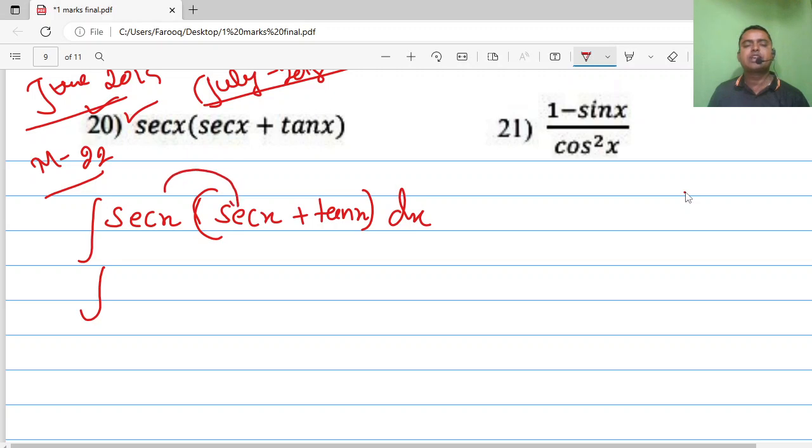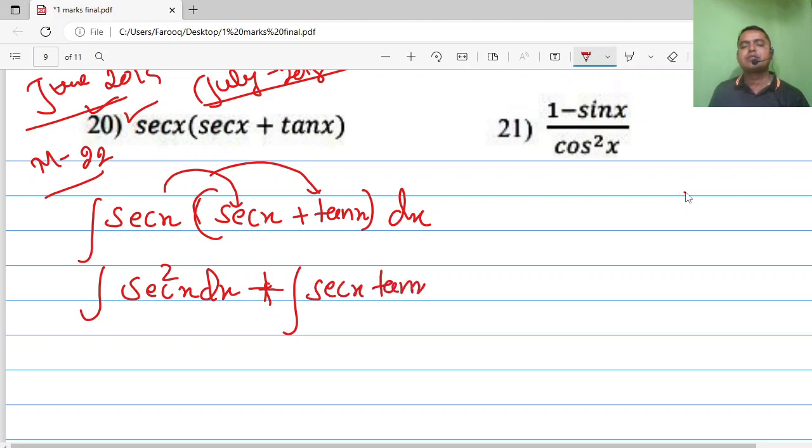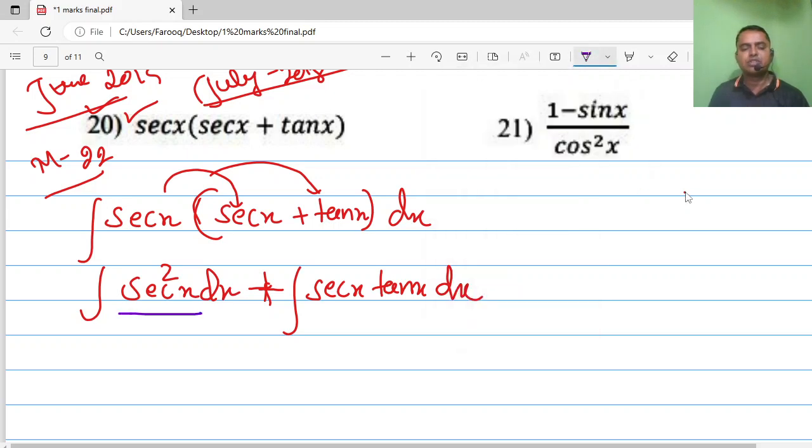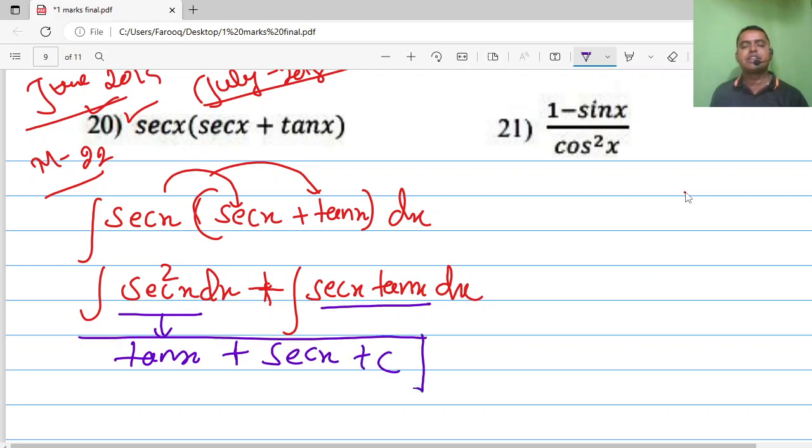Integration of sec square x dx plus sec x tan x dx. So we know the formula: integration of sec square x is tan x, plus integration of sec x tan x is sec x, plus c. This is your final answer.